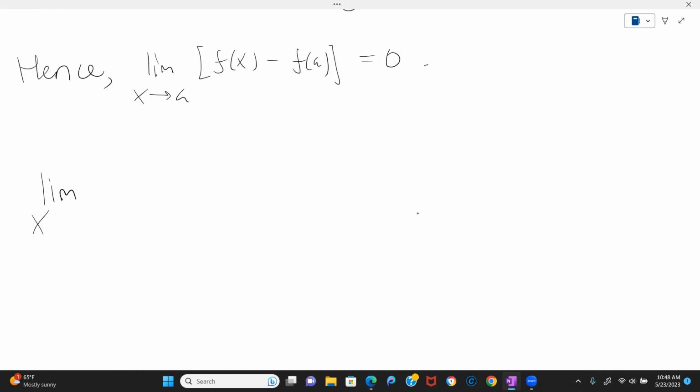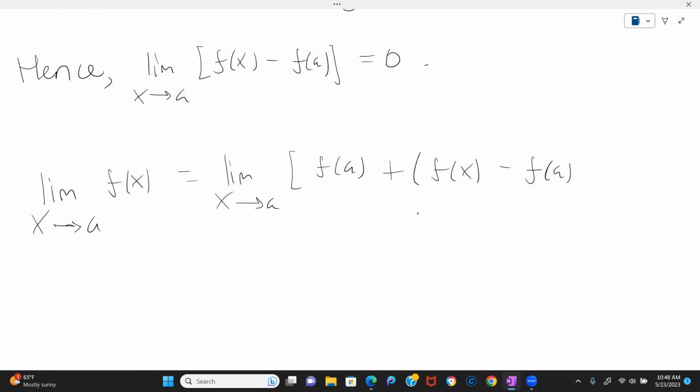So we're going to take the limit as x goes to a of f of x. Inside this limit, I can add f of a and then subtract it off, and I won't change the limit.